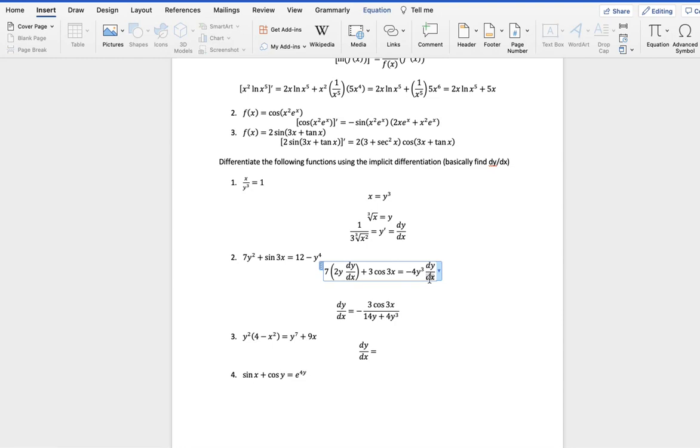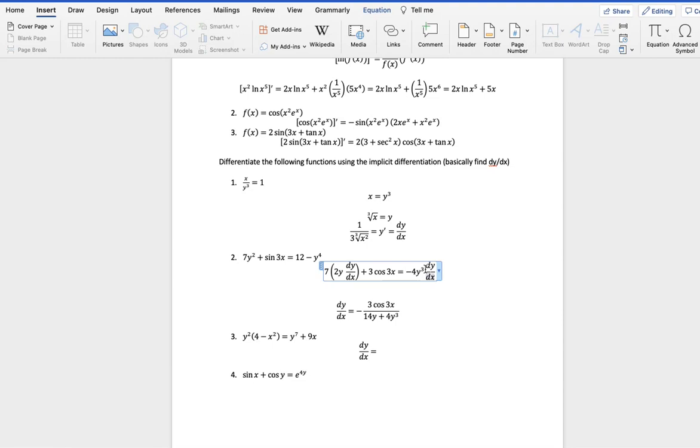Okay. Do you understand that? Yes. And then what you do is combine the 2 dy over dx, and then you take dy over dx as a factor.